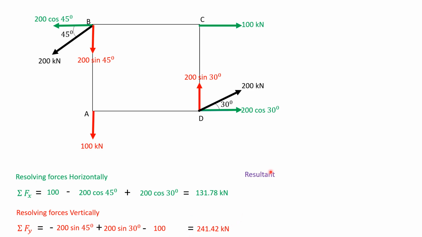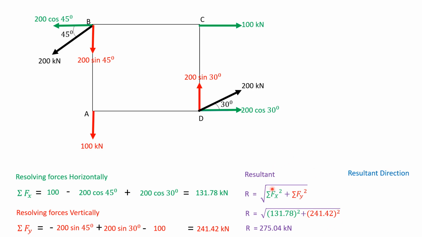The resultant is given by the square root of summation Fx squared plus summation Fy squared. Substituting the summation Fx and summation Fy values, we get the resultant. The resultant direction is given by theta equal to tan inverse of summation Fy by summation Fx.